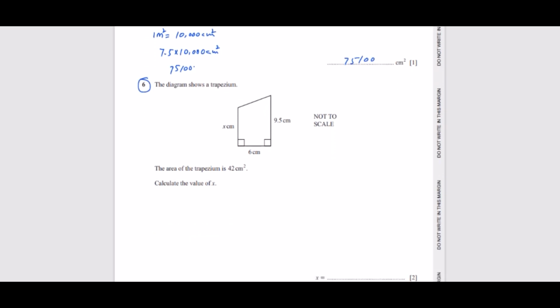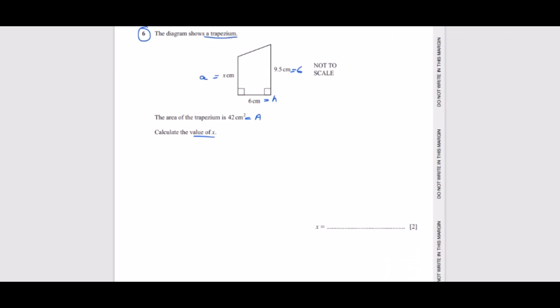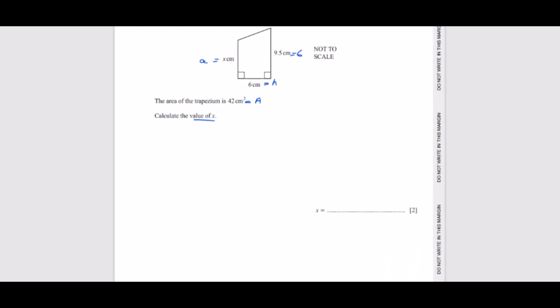Question number 6. The diagram shows a trapezium. This is A, this is B and this is the height. The area of the trapezium is A. Calculate the value of x. First of all, write down the formula. The formula of a trapezium is area equal to 1 by 2 into (A plus B) into height.